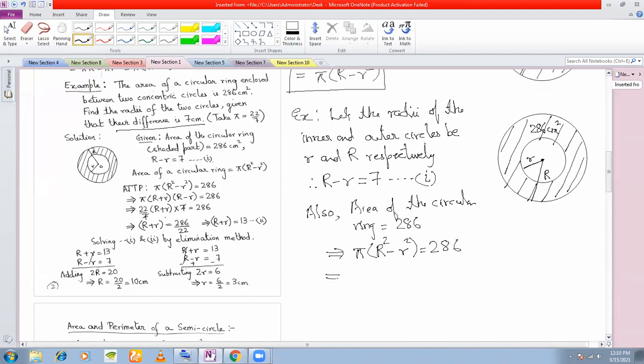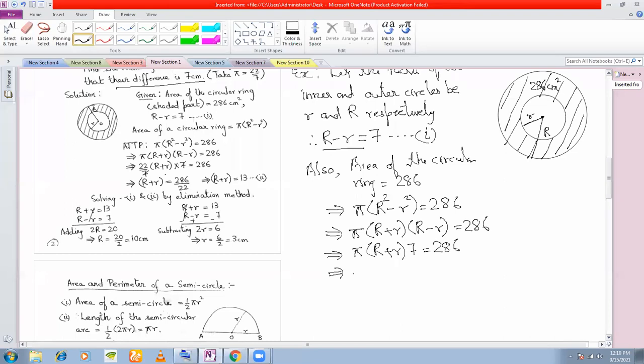Now, see, R square minus r square, from the difference of squares formula, you can write this as R plus r into R minus r, is equal to 286. Now, what is the value of R minus r? It is 7. Put it here. R plus r into 7 is equal to 286. Yes, any question?